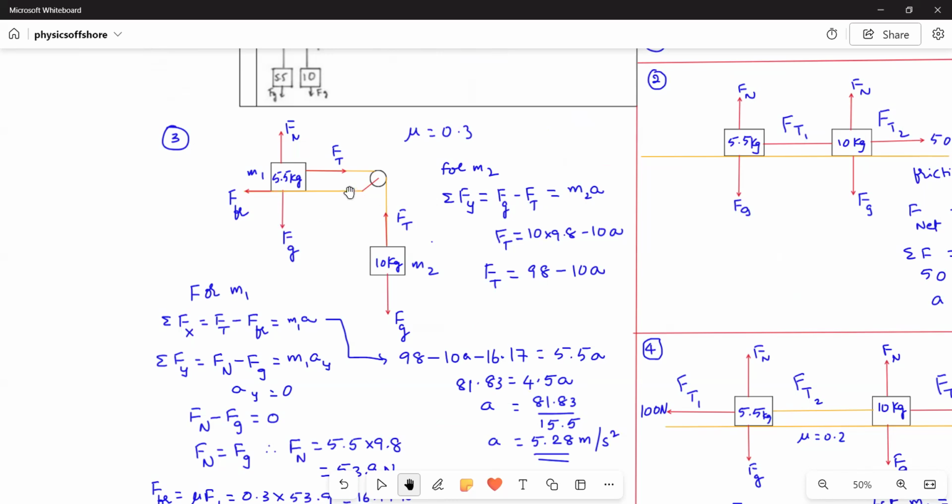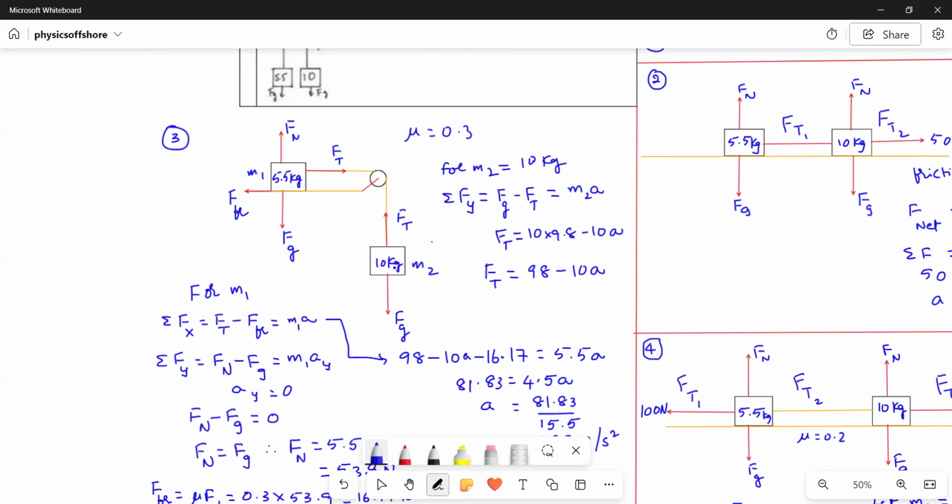From this free body diagram, you can visualize everything. Let us write the force equation for M2, the mass whose mass is 10 kilograms. So see, what are the forces acting here?